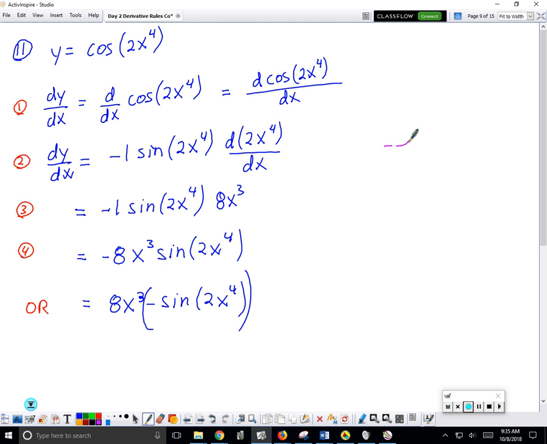Same thing happens if you write this. If I write that as -1e to the x, far fewer people will make mistakes than if I write it as -e to the x. This one has the same problem. Whenever we write -1, we tend to just leave off the 1 and just put a negative. But people make a lot of mistakes with that. So I will often put in the -1 to prevent an error. You don't have to.